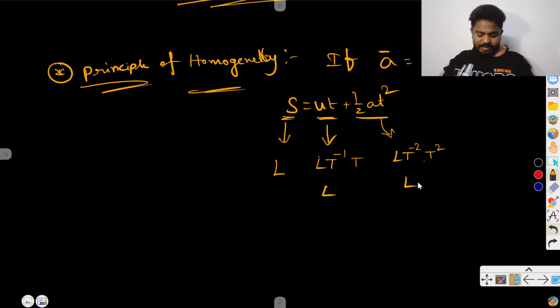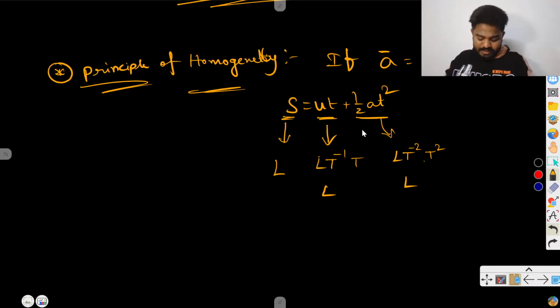Here also we get the same dimension formula L, right? So the principle of homogeneity is telling that addition or subtraction is possible only with similar physical quantities. Whatever the physical quantity it is, the resultant also gives you the same physical quantity.